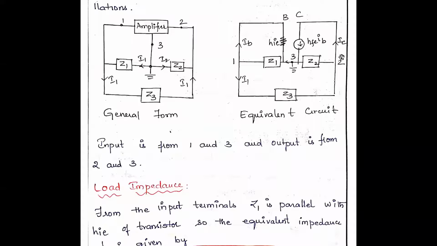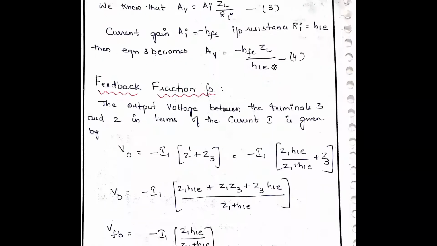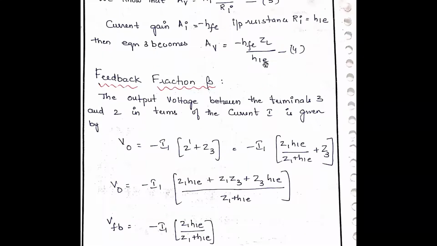So the output voltage is minus HFE into ZL. Input voltage is IB into HIE. Voltage gain is output voltage by input voltage, so minus HFE ZL by HIE. IB will cancel.